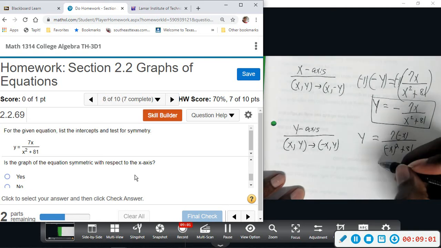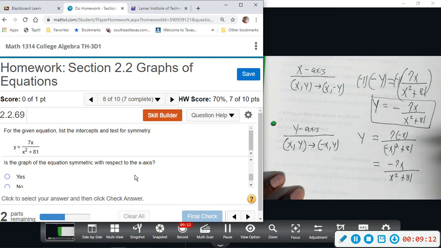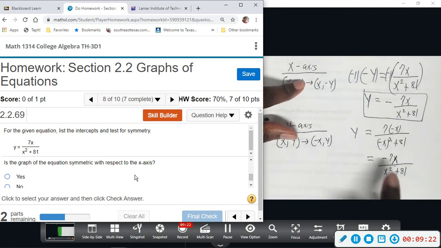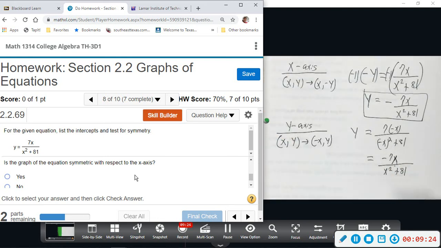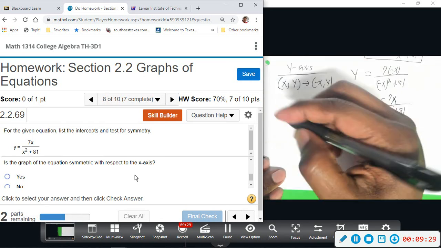Alright, similarly, we would get a negative 7x over positive x squared plus 81. Alright, you can see that this also does not match what we started with. Okay, this is positive. This one is negative. So no y-axis.